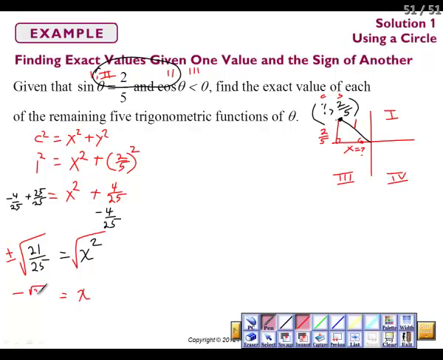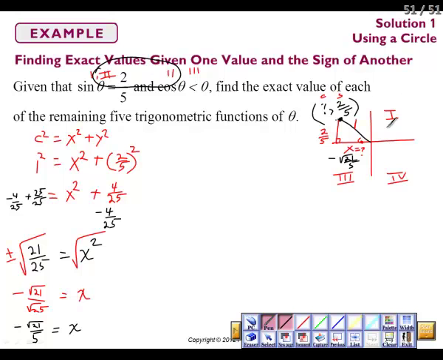So this will be negative square root of 21 over square root of 25. Well, we can get an even square root of 25, right? Square root of 25 is 5. So we can say that x equals a negative square root of 21 over 5. And so that's our value for x. Negative square root 21 over 5.